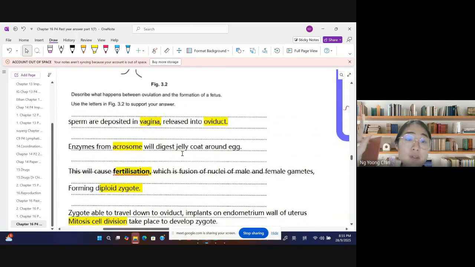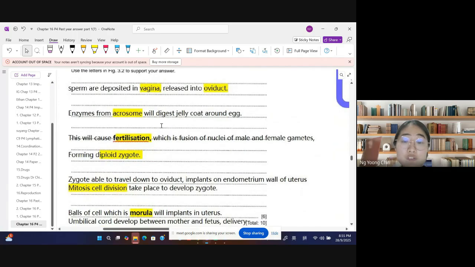Okay, first, you have the ovulation. Sperm are deposited in the vagina and then travel to the oviducts. The sperm swim toward the oviducts, and the enzyme from the acrosome digests the jelly coat around the egg. This causes fertilization, which is the fusion of the nuclei of male and female gametes to form the diploid zygote.